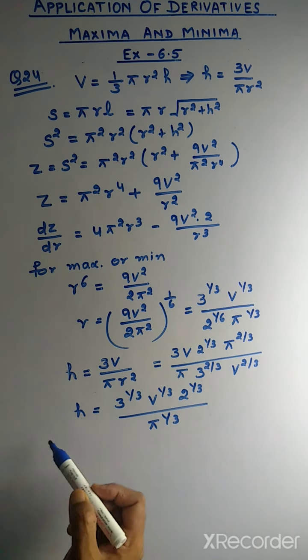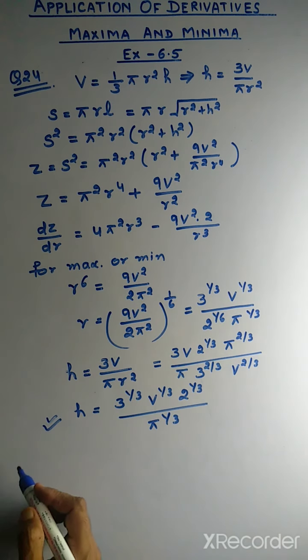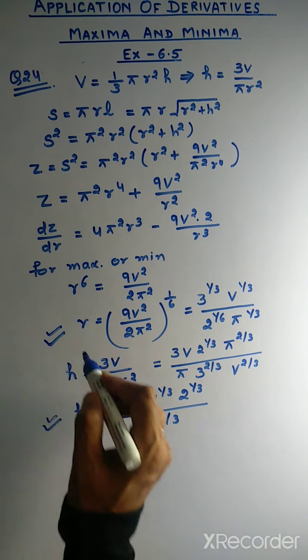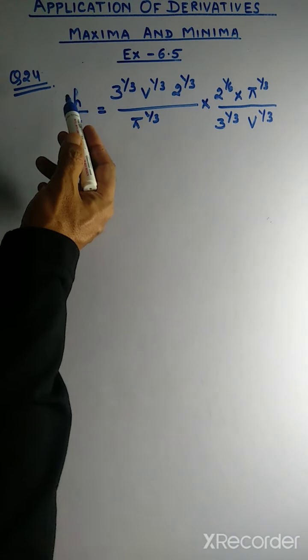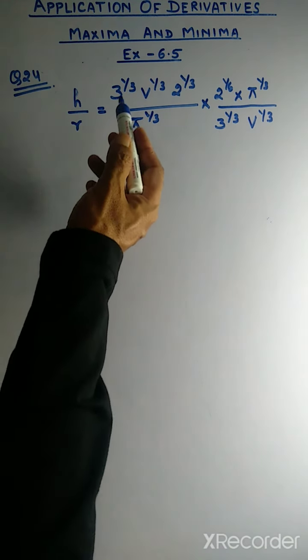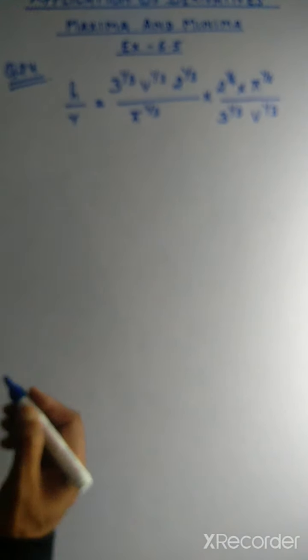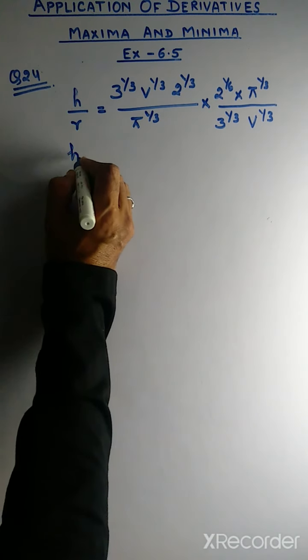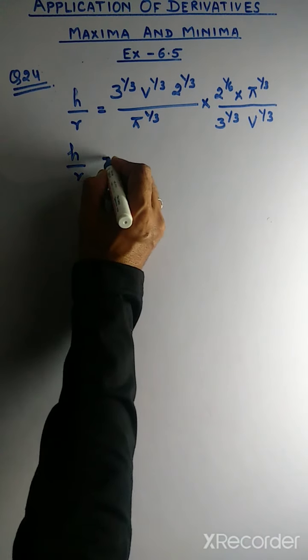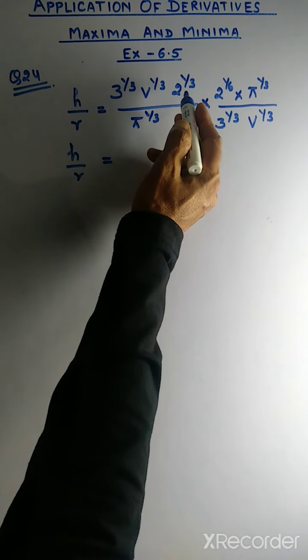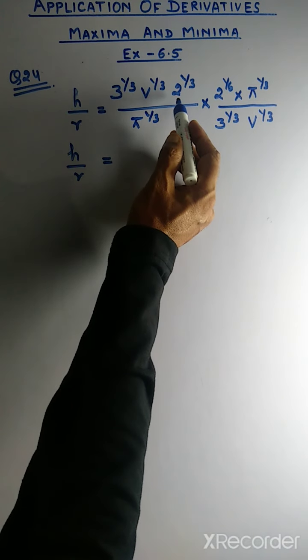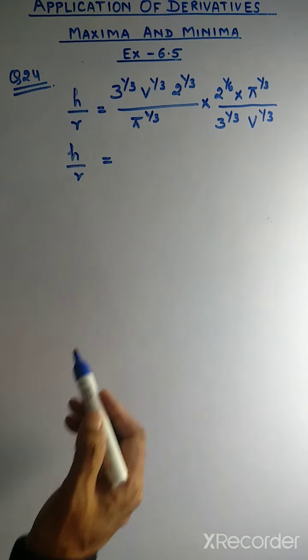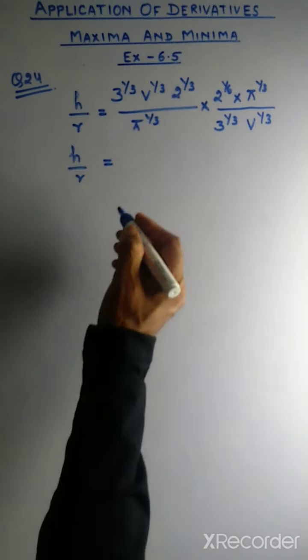So dividing the value of h by r, we get h upon r on the left hand side and the right hand side like this. So h upon r equals, on the right hand side, everything will cancel out. 2 raised to the power 1 by 3 and 2 raised to the power 1 by 6 will remain here.